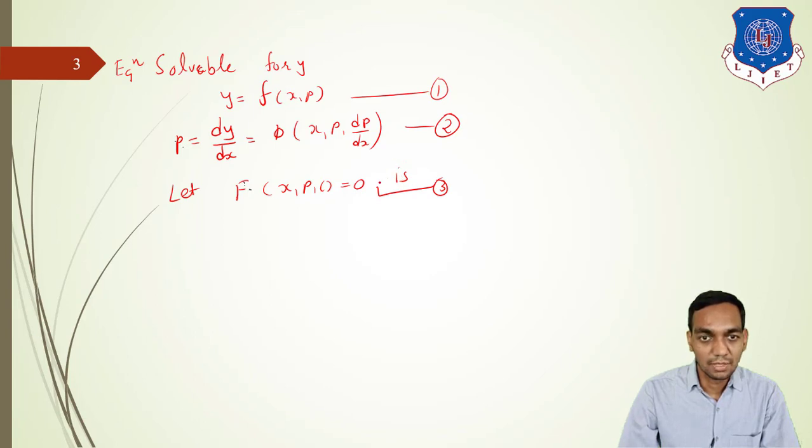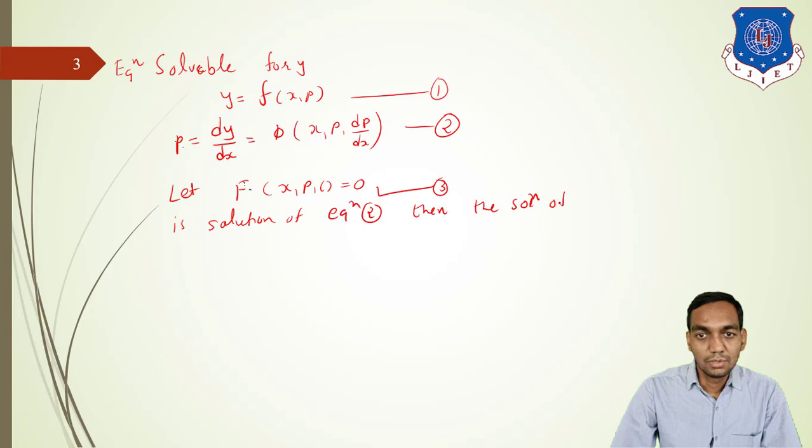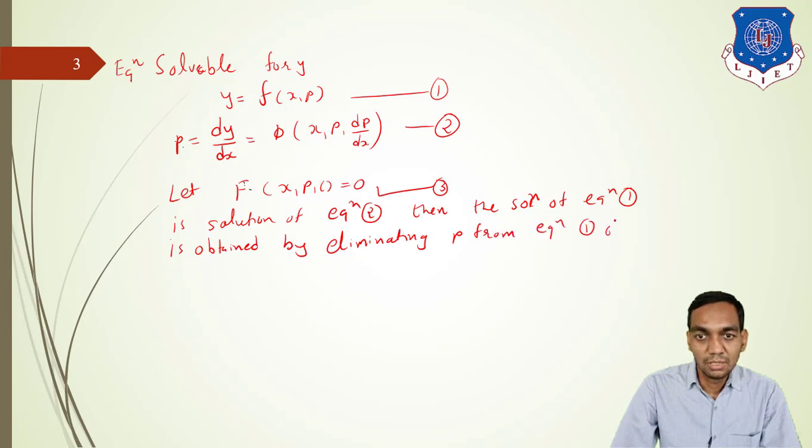This is the solution of equation 2. Then the solution of equation 1 is obtained by eliminating p from equation 1 and 3.